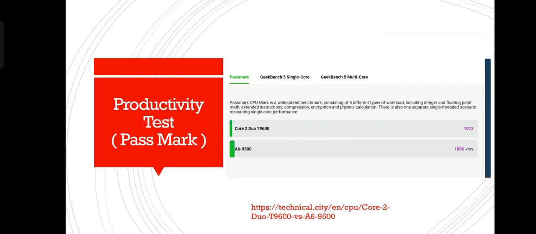The next productivity test that I used is PassMark. By the way, some of the references are also present in every slide. In PassMark, the Core 2 Duo T9600 has also been dominated by the A6-9500 of AMD.